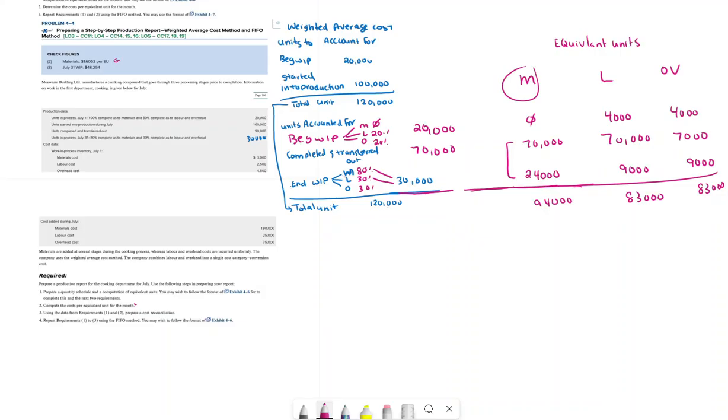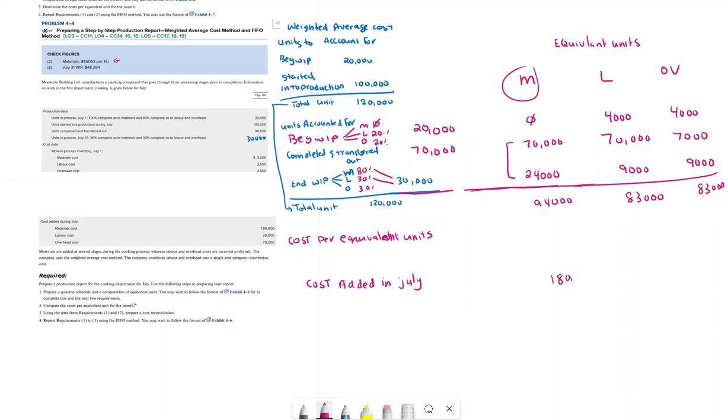Once we get the equivalent unit, now we're calculating the cost per equivalent unit. First, for the period, we calculate the cost added during that period, in this case, added during the month of July.